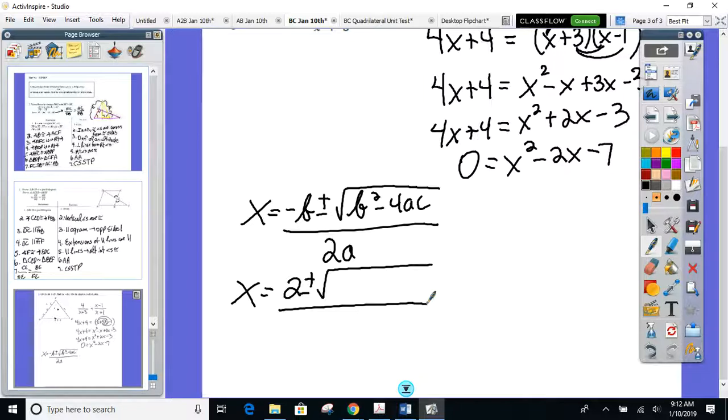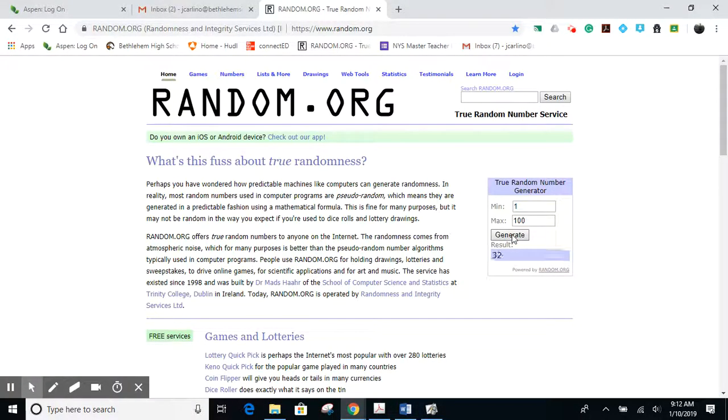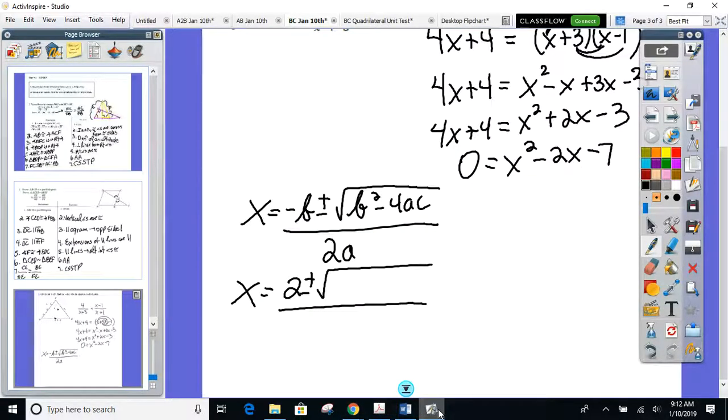Let's figure out what number's underneath the radical. Store in A, B, and C value, and figure out what B squared minus 4AC is. Let me know what that number, the discriminant, underneath the radical is.